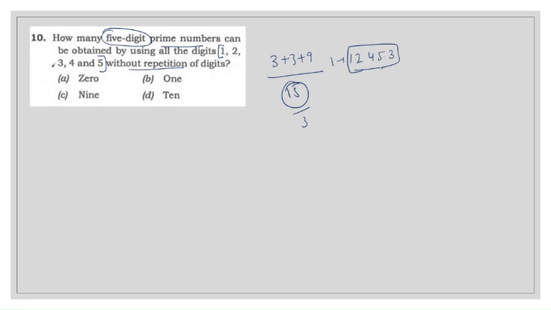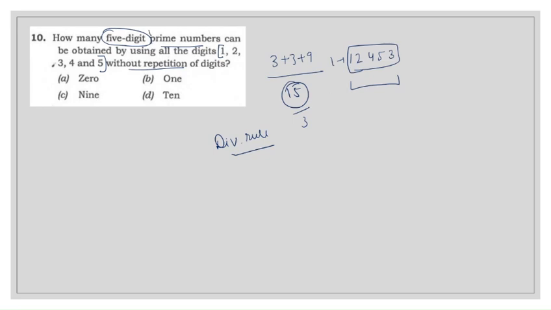So 15 is divisible by 3, which means that this particular number will also be divisible by 3. So no matter how we arrange these digits, any number which contains only these digits, and that too without repetition, will be divisible by 3 because of the divisibility rule of 3, that says that if the sum of the digits is a multiple of 3, then the number is also divisible by 3.